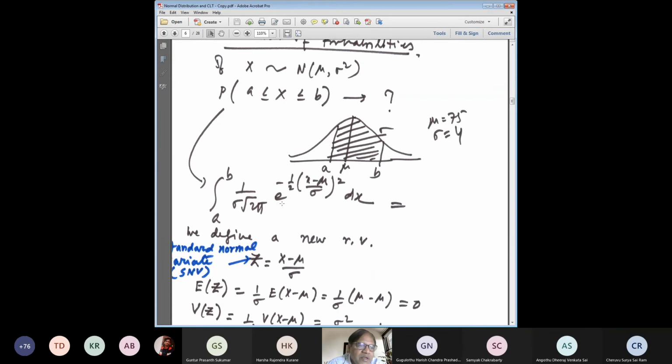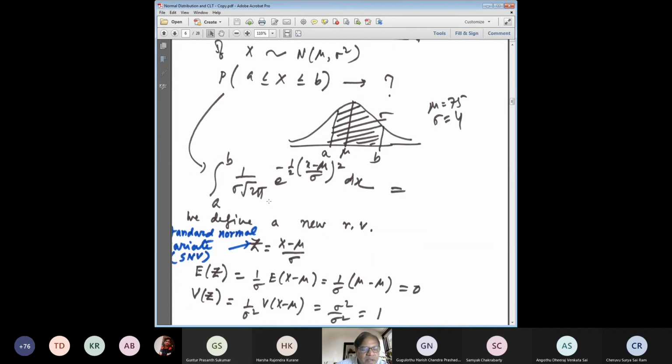As you will see at a later stage, there is a very important theorem, the central limit theorem, where the distribution of the sum of random variables can be approximated by the normal distribution. So keeping the importance of this distribution, tables have been generated so that people can use them frequently instead of calculating the integral. So how is it done?